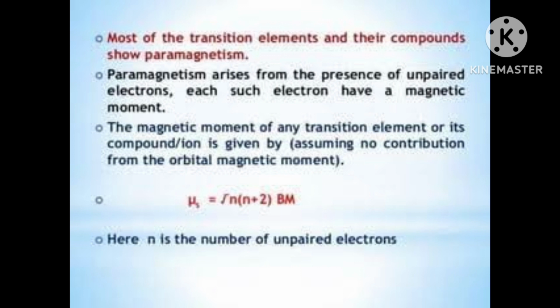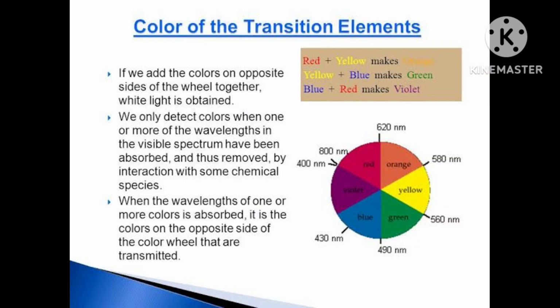Like that we can calculate by putting other values of n. If n is 2, then the bracket is 2 plus 2, 4, and outside 2, so 4 times 2 is 8, and the square root of 8 will be the value of mu. In the same way you can calculate for n equal to 3 and n equal to 4.